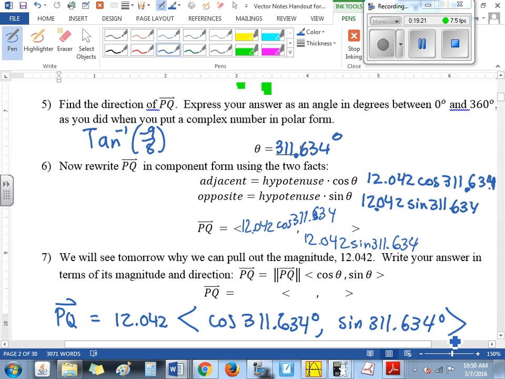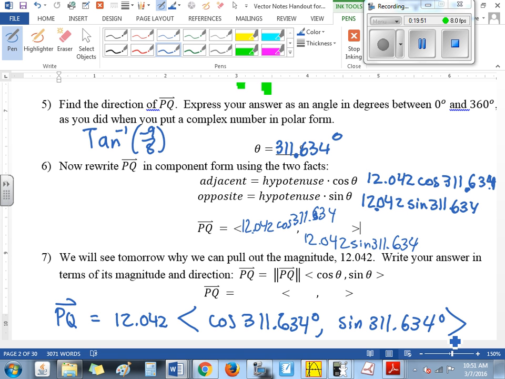Remember we took a plus bi and changed it to r cis theta? It's pretty much exactly the same thing. We used to put our modulus out front, and then we would write cis. The only difference now is there's no i, because it's not imaginary, and we're not using plus, we're using a comma right here. It's basically the same amount of work and difficulty as complex number conversion.